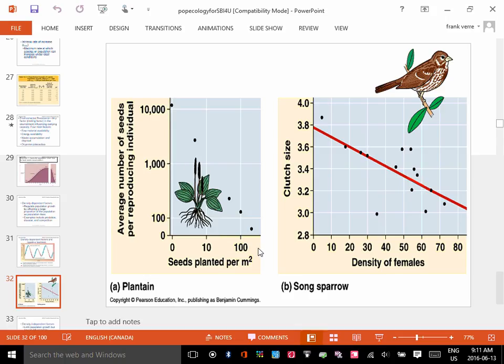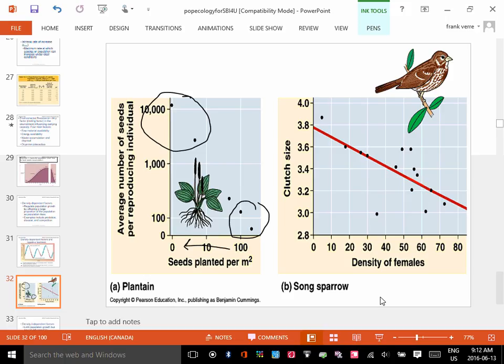What do you notice? When we have very few plants in an area, so as we go this way, there are less plants. They produce more or less seeds? More, right? When we have more plants, they produce less. Why? Okay, we're going to think about that one.